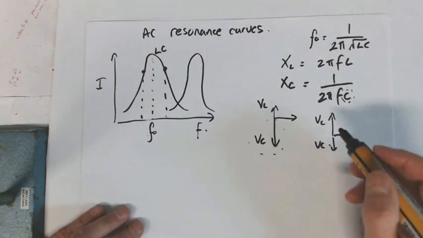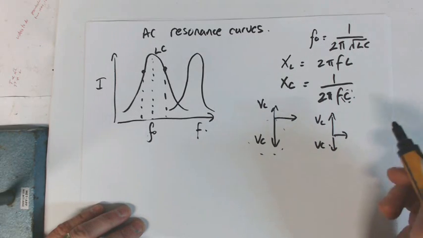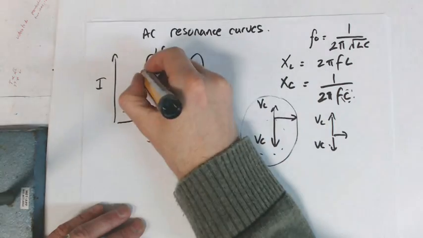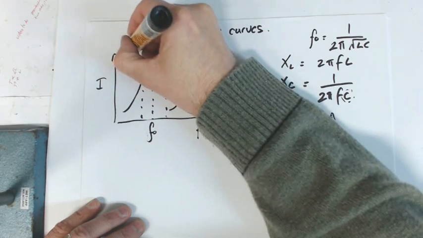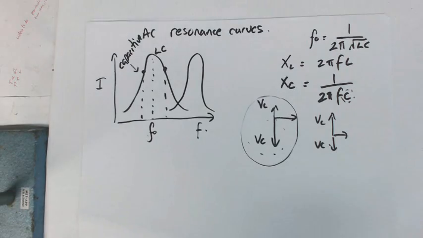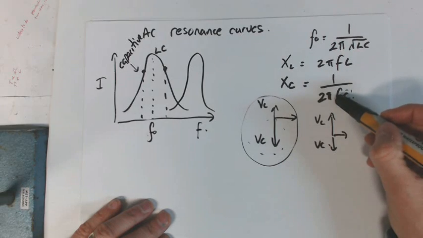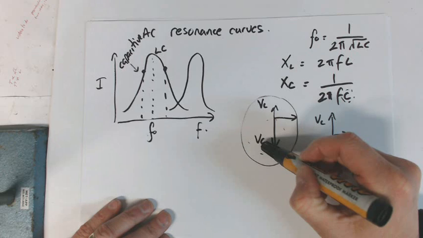So the XC is directly related to the current, going to cause the VC, therefore the big VC is this one. So this is the capacitive side. You've got to go through a couple of mental steps to do that. We said that the frequency was low, therefore XC is high, therefore VC is high.